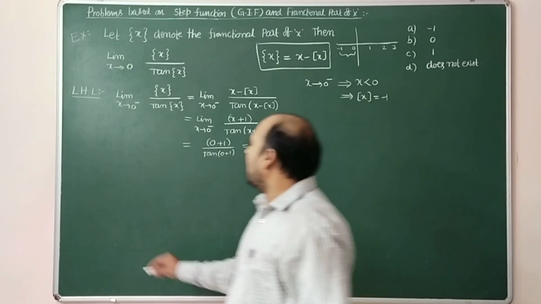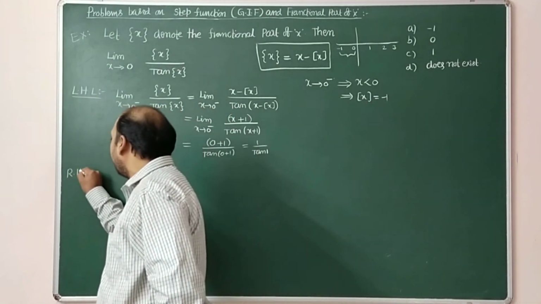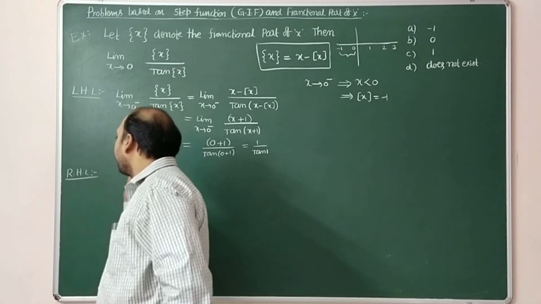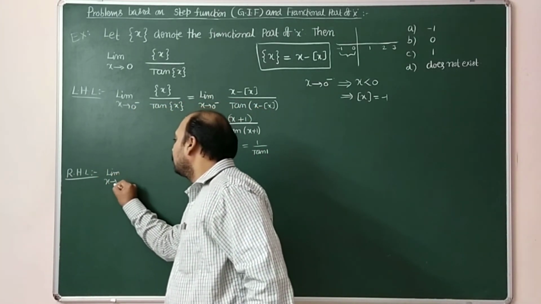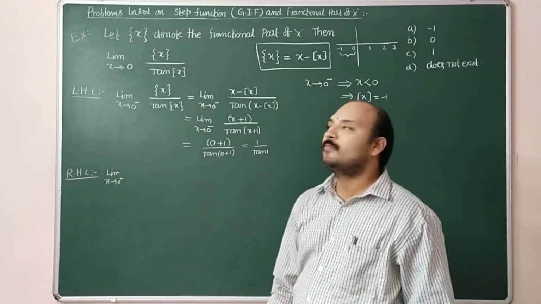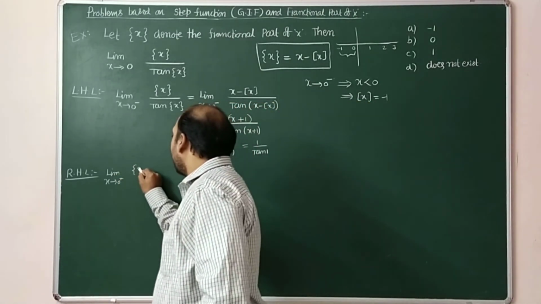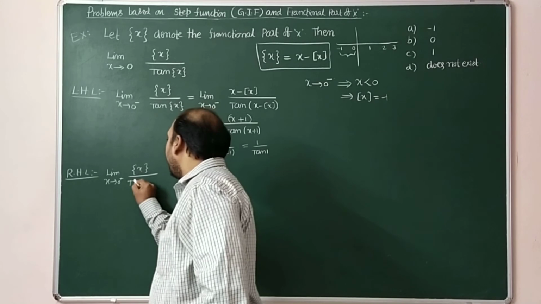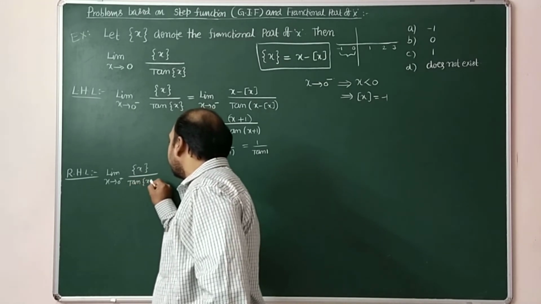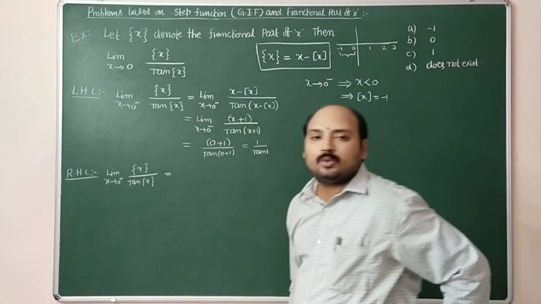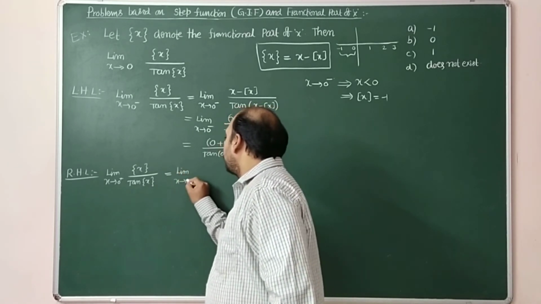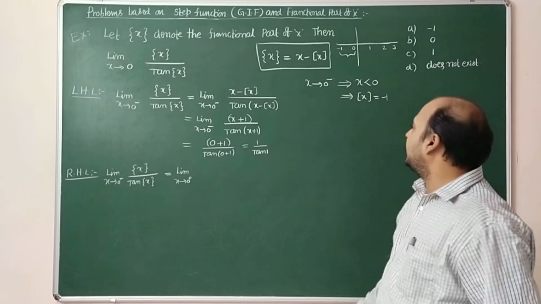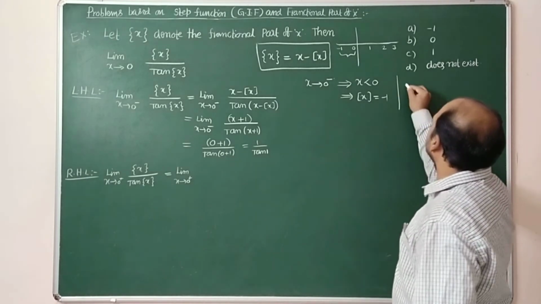Now come to the right hand limit, RHL. Limit x tends to 0 plus, fractional part of x divided by tan of fractional part of x. Now we will calculate for x tends to 0 plus.